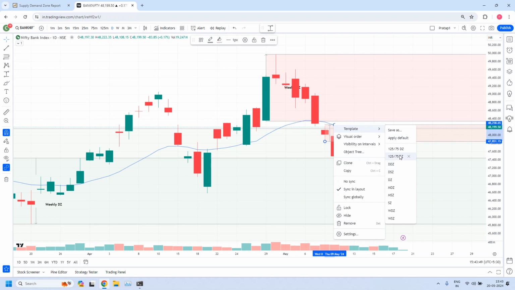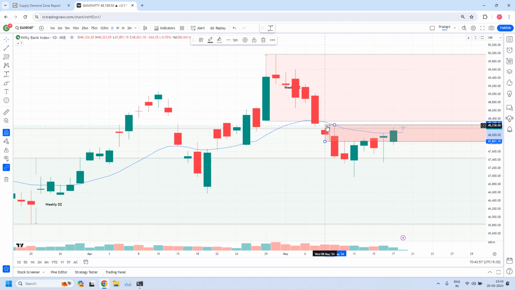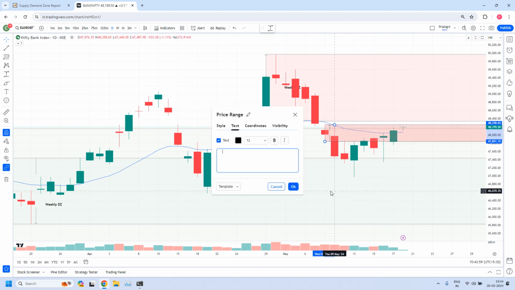Maybe sometimes it will resist the prices. After that, this will be violated. And this is the daily time frame. So daily supply zone, daily high liquidity supply zone, this one. So this is the point we should remember.